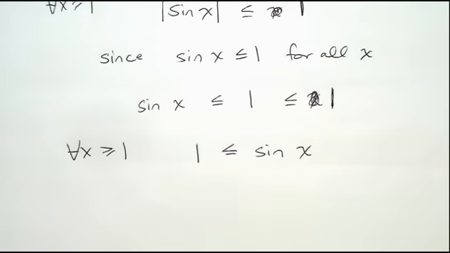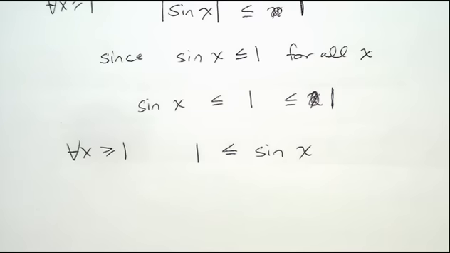So now we want to see, is 1 in the big O of sine x? So is there any way I could multiply sine x by a number and make it always be bigger than 1? No. Why not? Because it always goes back to 0, right?